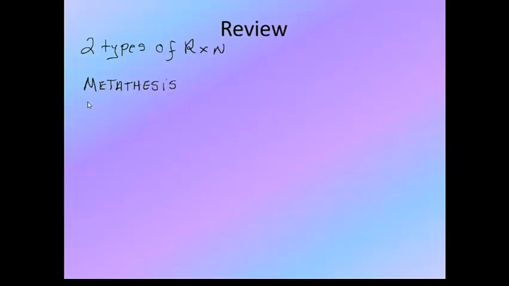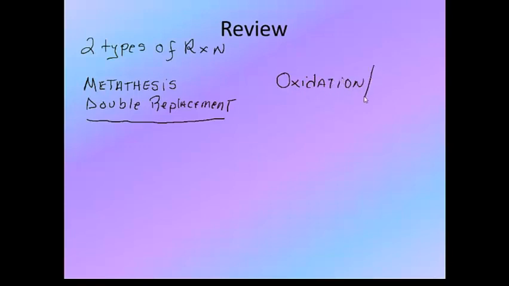Maybe that's why we like to call them double replacement reactions. And the second type of broad category is called oxidation reduction, which is of course a mouthful, so we like to refer to it by the shortcut, redox.